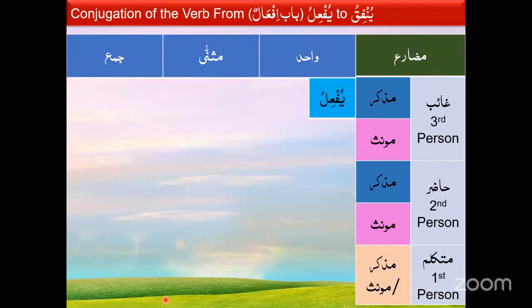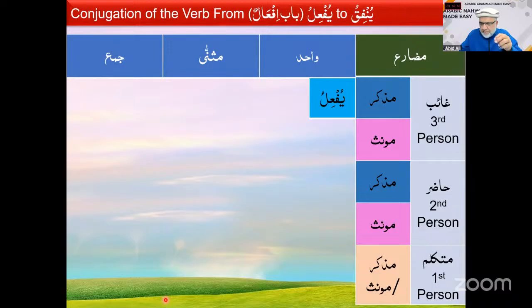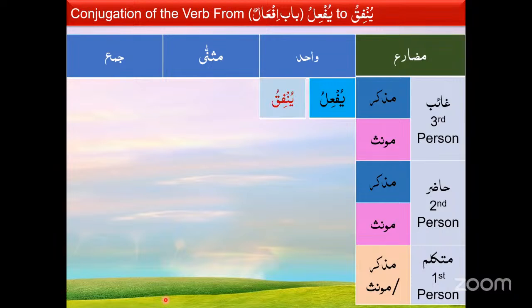Then the Muḍāri will be yuf'ilu. Okay, Brother Javed, the Muḍāri is yuf'ilu. If I'm telling you that wahid Muḍāri is yuf'ilu and your root letters are noon, fa, and qaf, what will be the first siga on the pattern of yuf'ilu? Yunfiqu.